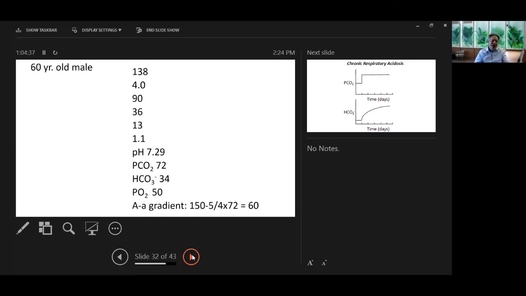So whenever you have a chronic respiratory acidosis, immediately calculate the A gradient, which is 150 on room air minus 5/4 of your PCO2, which here works out to 60. So this patient has a sky-high A gradient. So this is not compatible with chronic bronchitis. The patient most likely has emphysema, some parenchymal lung disease. Next slide.